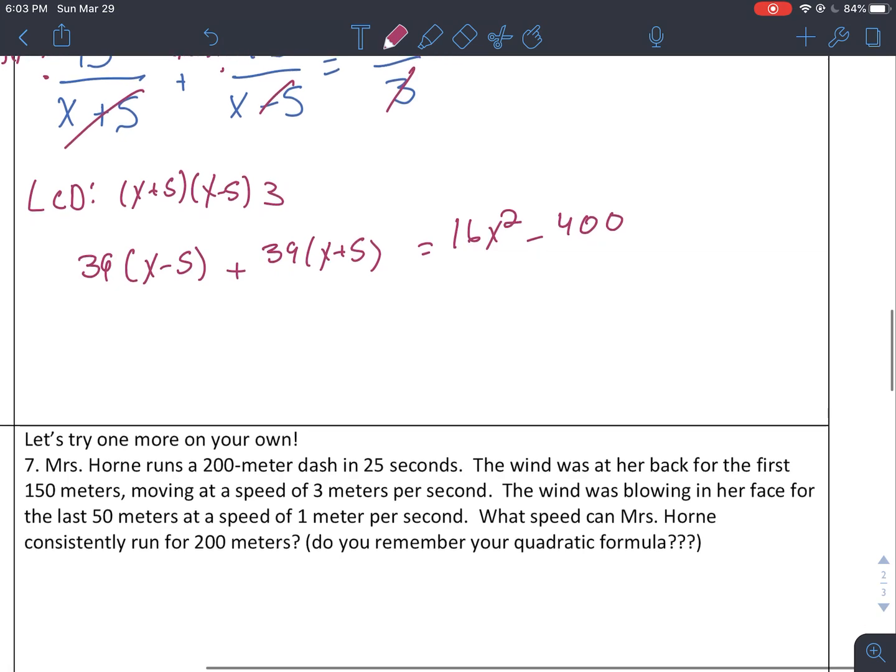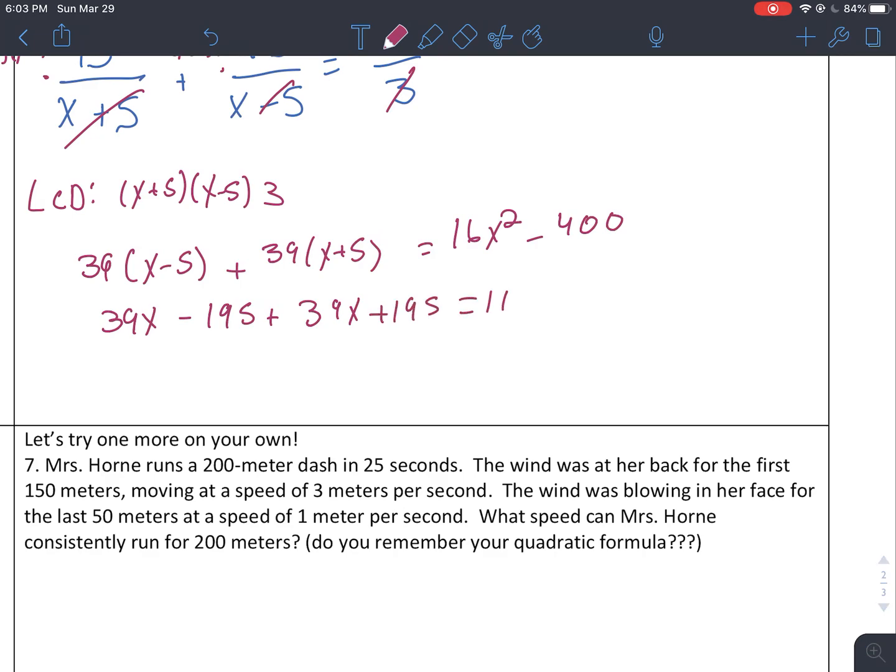So let's go through this now, right? That's 39x minus 39 times 5 gives us 195, plus 39x plus 195 equals 16x squared minus 400, right?